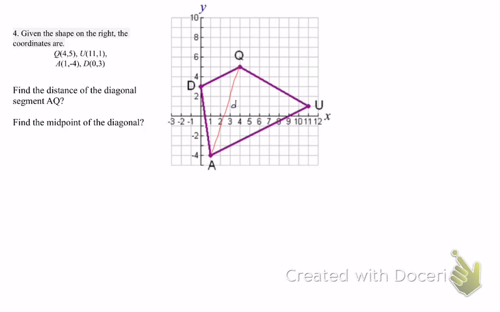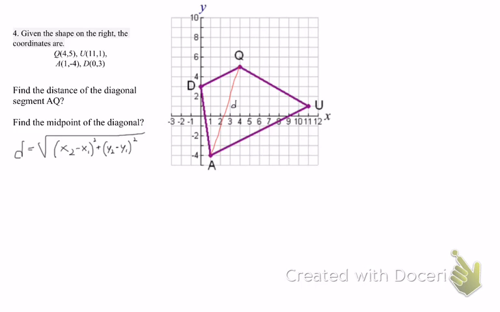So for the first question, we want to use our distance formula. So distance equals the square root of x2 minus x1 squared plus y2 minus y1 squared.